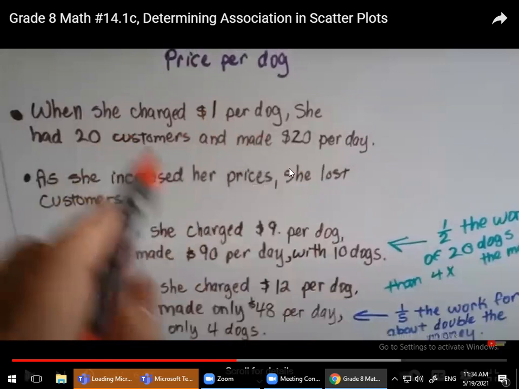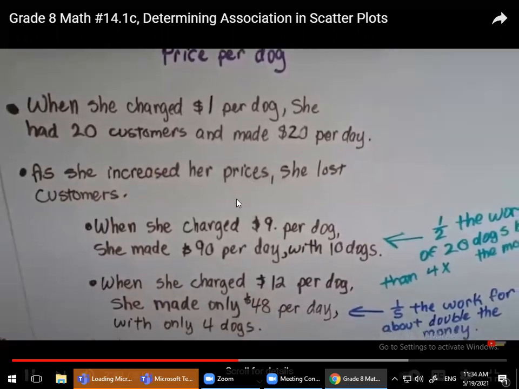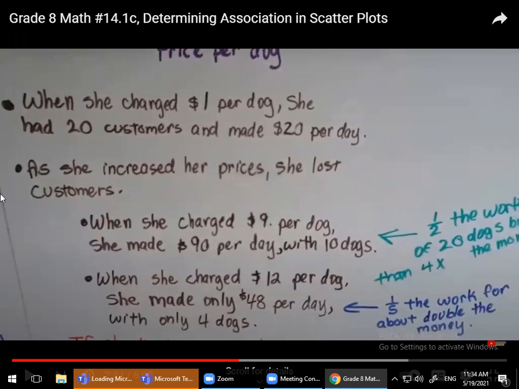So we can note here, once she charged $1 per dog, she had 20 customers and made $20 per day. As she increased her prices, she lost customers, because when she charged $9 per dog, she made $90 per day with 10 dogs.